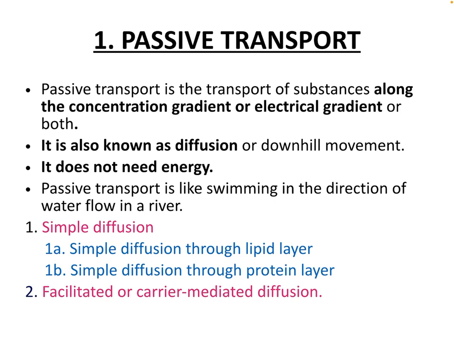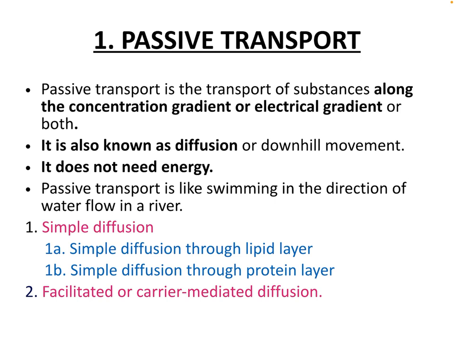During this, the substances move from the region of higher concentration to the region of lower concentration. It is also known as diffusion or downhill movement. This process doesn't require energy.